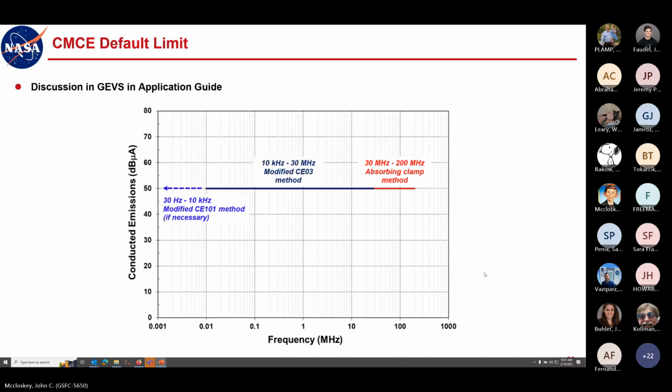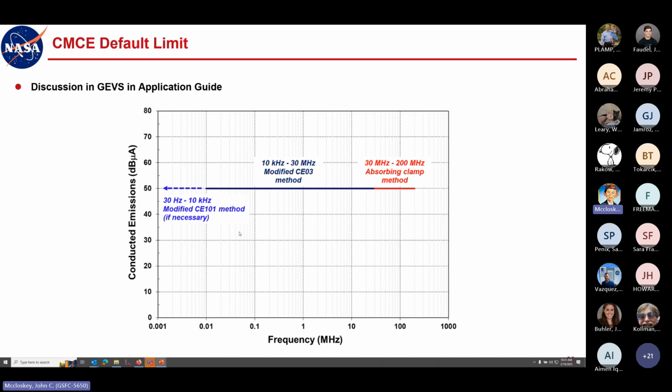So this is the default limit in the GEVS application guide, just 50 dB microamps, and we generally start at 10 kilohertz and go up to 200 megahertz. If you have specific concerns at lower frequencies, generally if they're magnetic concerns, then you may want to consider doing these measurements down to 30 hertz.